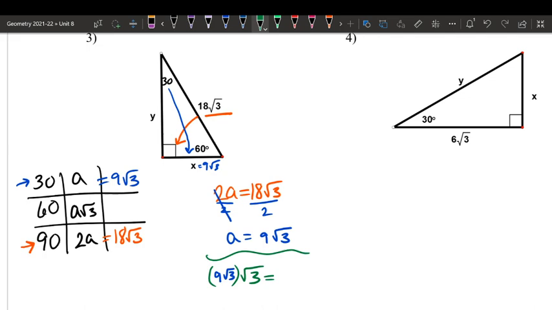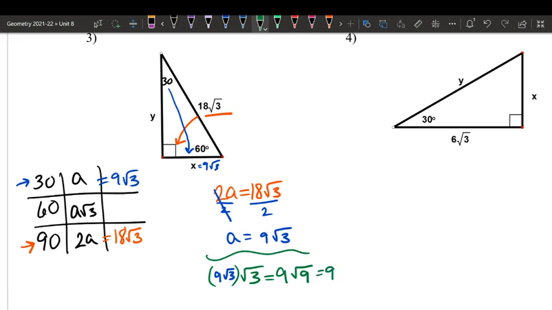I can multiply the two radicals. Square root 3 times square root 3 is the square root of 9, so 9 times the square root of 9. And you should recognize the square root of 9 being a perfect square. Square root of 9 is 3.